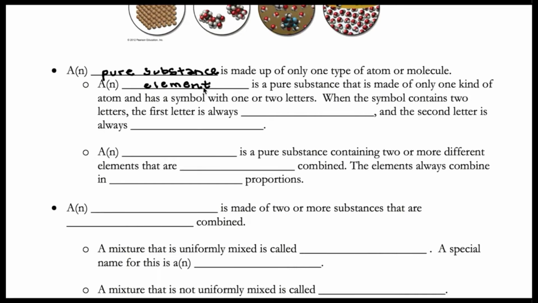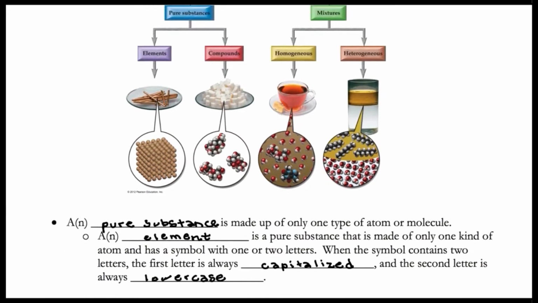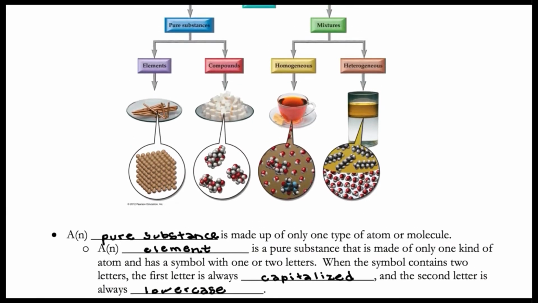If you have two letters, then the first letter is always going to be capitalized, while the second letter is going to be lowercase. So in the example here, you see copper, right? Copper has a chemical formula of Cu. The C is capitalized, the U is lowercase, okay?